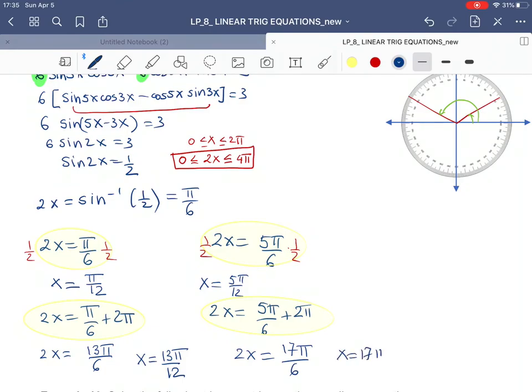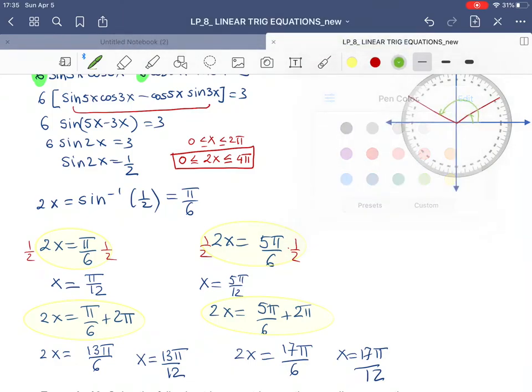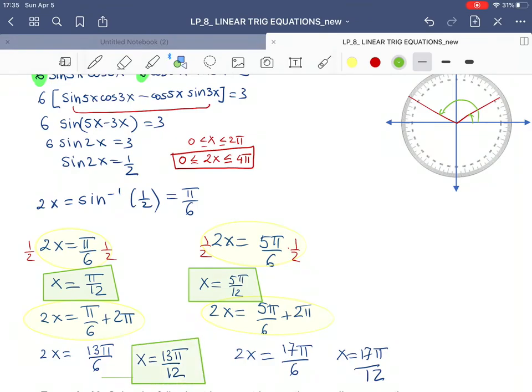So that will give x equal to 17 pi over 12. All right, so let's take a look at our answers now. So quite a few of them. One solution. Here goes the second, the third solution, and last but not least, 4 of them. Here go all 4 of them, smiling at us.